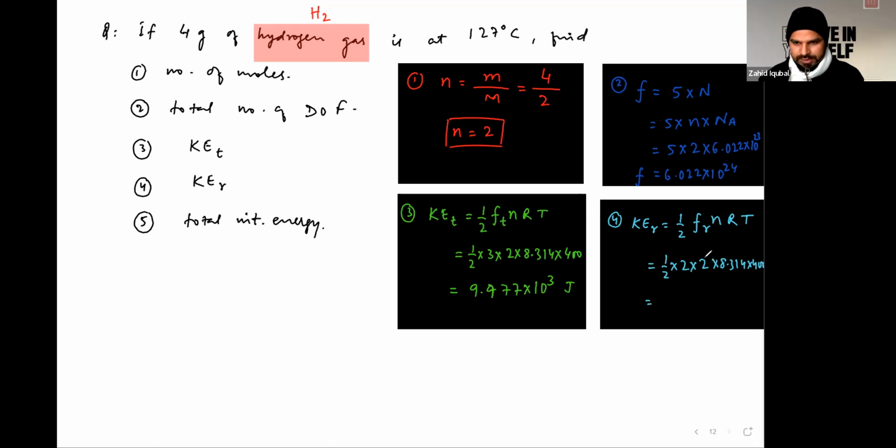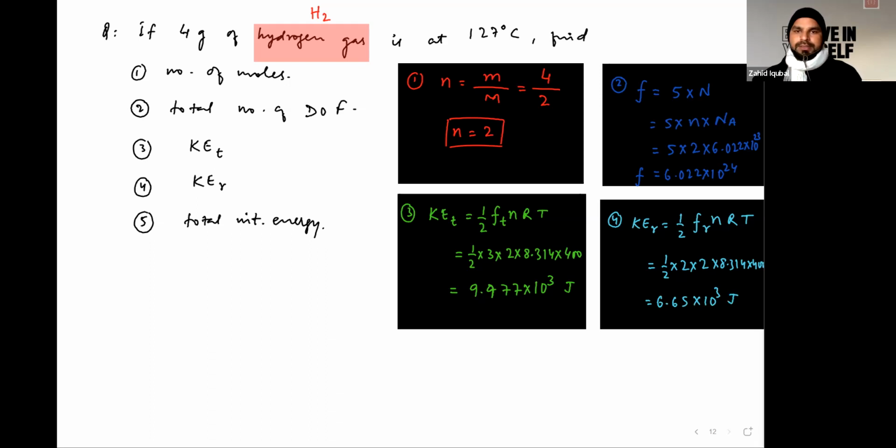So 2 and 2 will cancel out. 2 into 4, 8. So it will become 800 multiplied by 8.314. So it will be 6.651 into 10 to the power 3 joule.